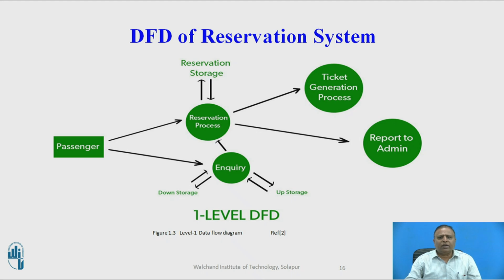Here the up storage and down storage can be shown by using the incoming and outgoing arrows. Here the passenger can book the ticket or cancel the ticket, and the process can be done by the reservation process. The inquiry system also provides information to the passenger. The ticket generation process will give the ticket facility.